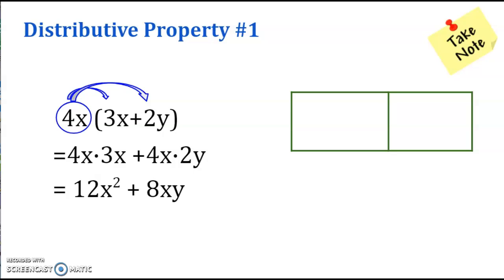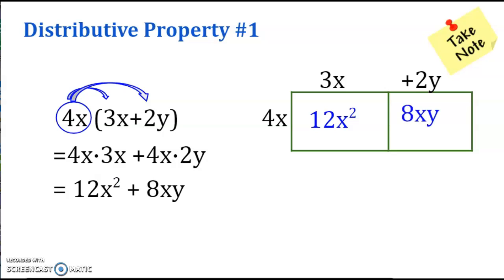But we can do the area model that we've been doing. This time the width is 4x, the length is 3x plus 2y. So we're dealing with one term multiplied by two terms, so a 1 by 2 box, and we can put the length 3x plus 2y at the top and the width, which is 4x, on the side, and you're just multiplying. 3x times 4x: 3 times 4 is 12, 12x squared, because x times x is x squared. 2y times 4x: 2 times 4 is 8, and x times y is xy.